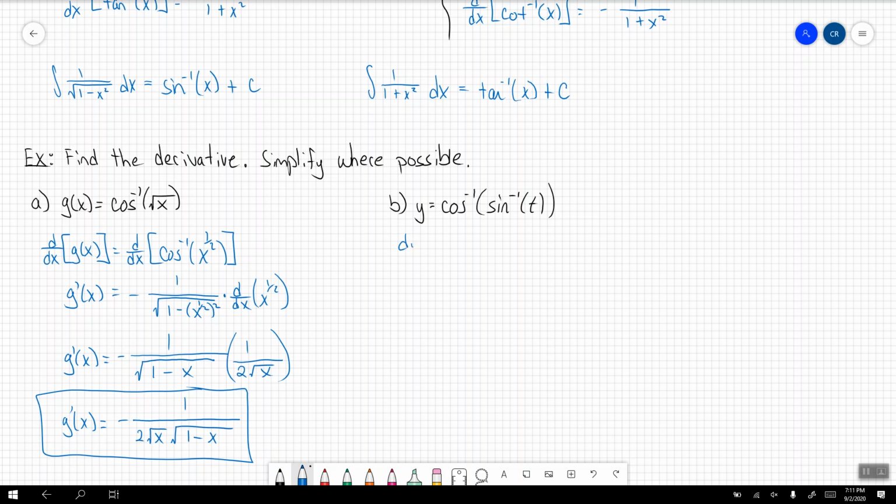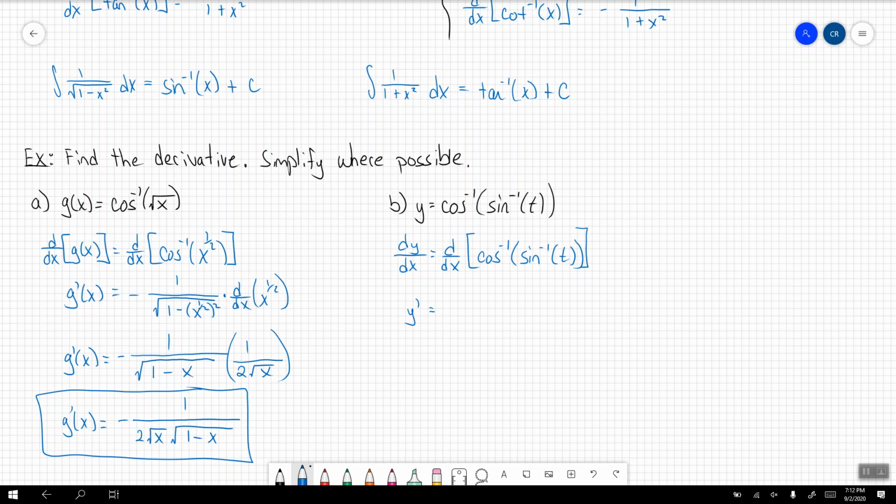So that's going to be dy dx is equal to d dx of cosine inverse of sine inverse of t. Okay, so by the left-hand side properties, we're left with that dy dx is just y prime, so that's great.